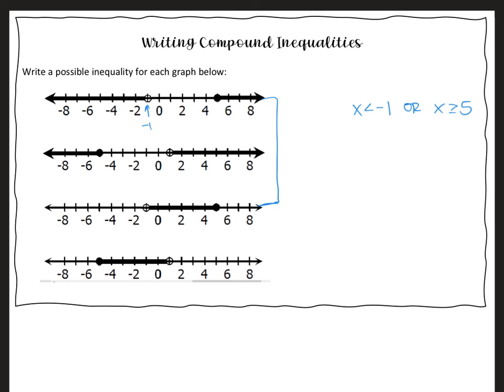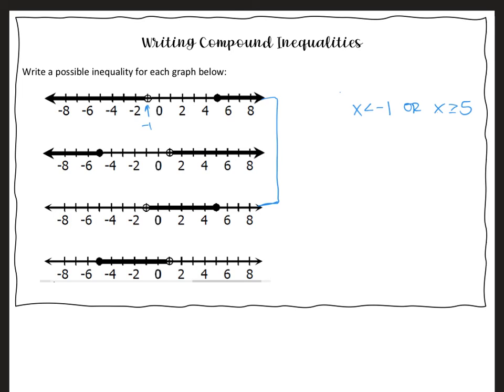And you do just want to take a second after you write it to think, does that make sense? Does it make sense to join those with "or"? And it does. X can be less than -1, as you can see on the left side of the number line, or x can be greater than or equal to 5, as you can see on the right. So that's the compound inequality for the first graph.